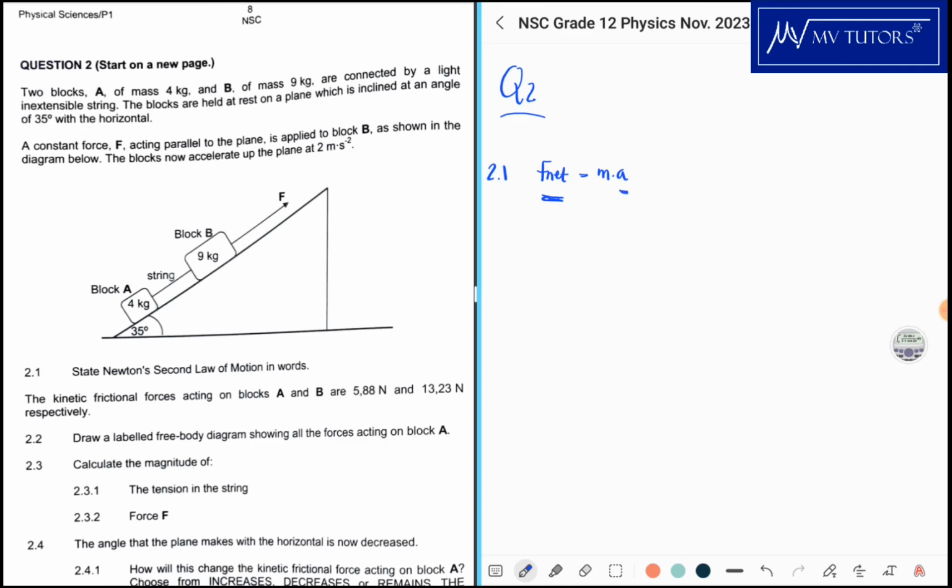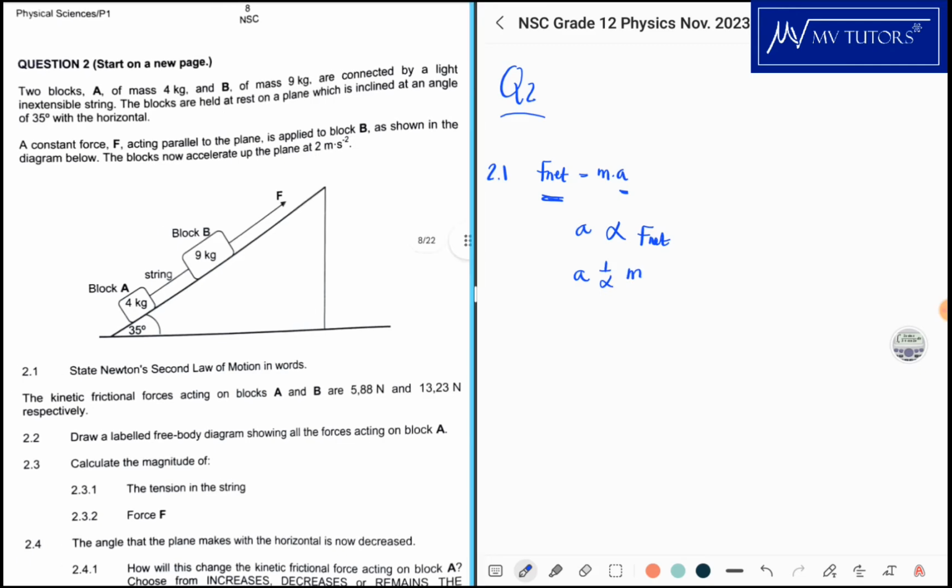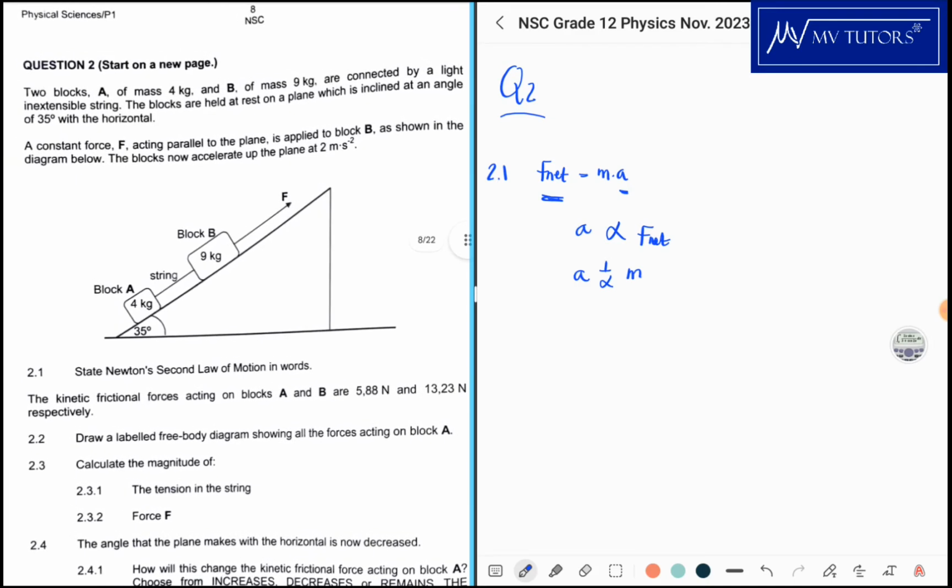And what about that acceleration? Well, that acceleration is directly proportional to the net force. And what else? That acceleration is inversely proportional to the mass of the object. Okay, so that's just that for 2 marks. Make sure you know your definitions.